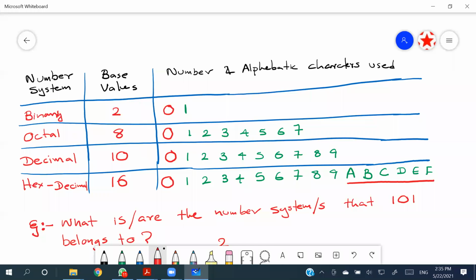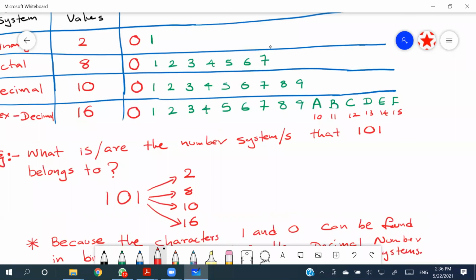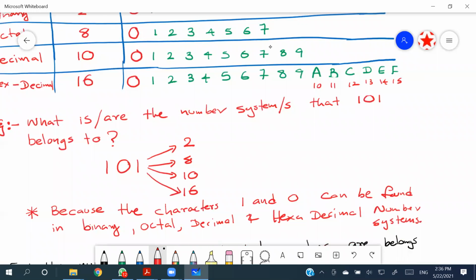To avoid the repetition of the characters we used before, we use capital A, B, C, D, E, and F to represent the values 10, 11, 12, 13, 14, and 15. I'm sorry, my bad. So that is the knowledge that we gained in the last lesson.